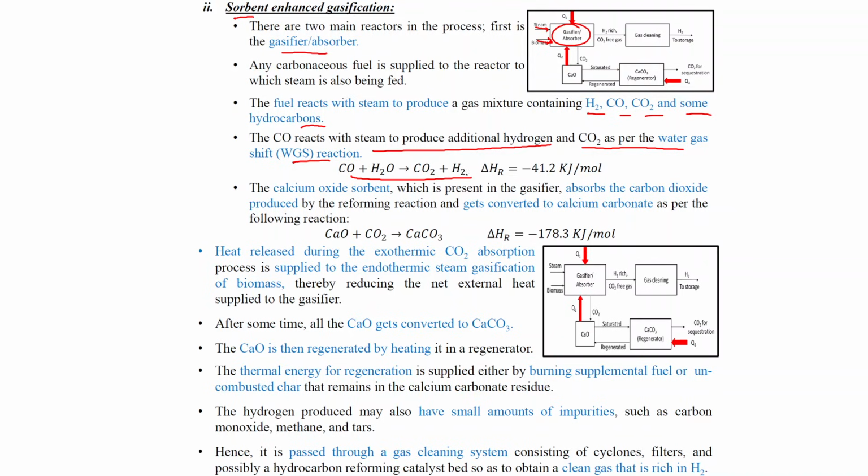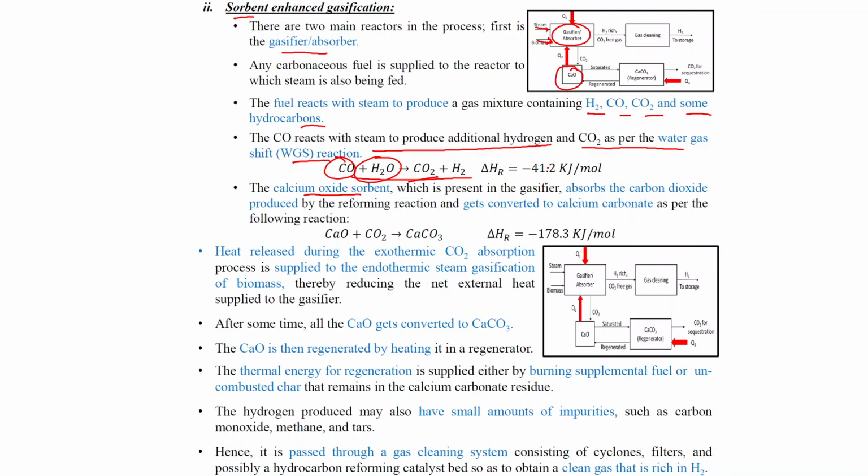So in the water gas shift reaction, carbon monoxide reacts with water to produce carbon dioxide and further hydrogen. Along with that, carbon dioxide is formed. So what to do? A calcium oxide sorbent is present in the gasifier.